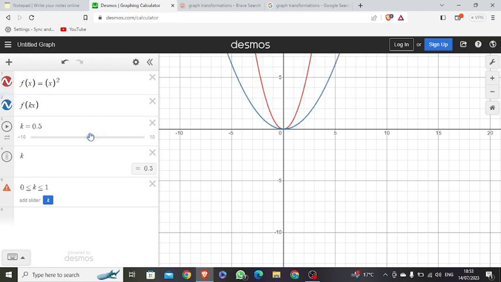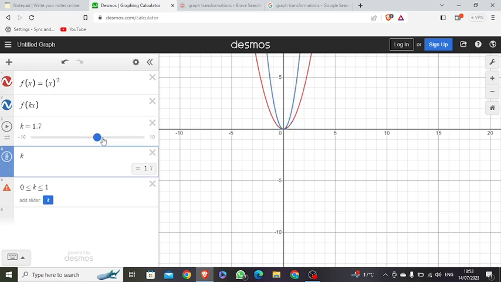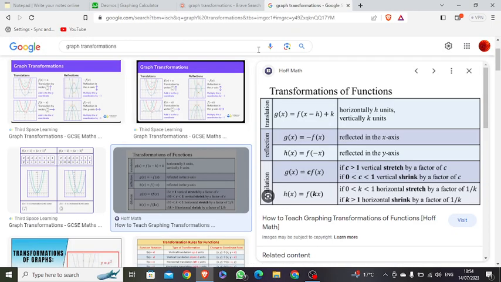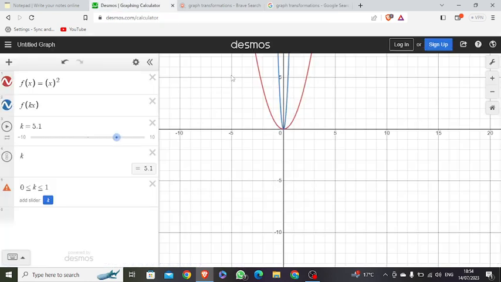Okay, it's the other way around. Let me check over here. It shrinks by a factor of 1 over k, rather than stretching by a factor of c.